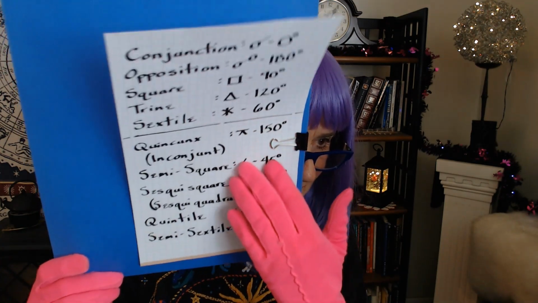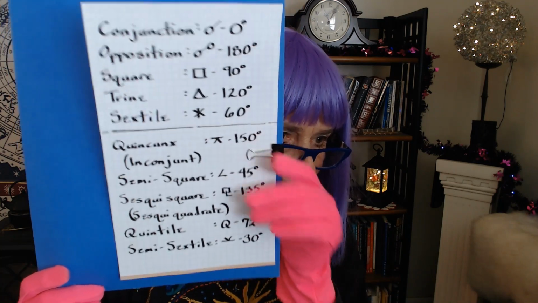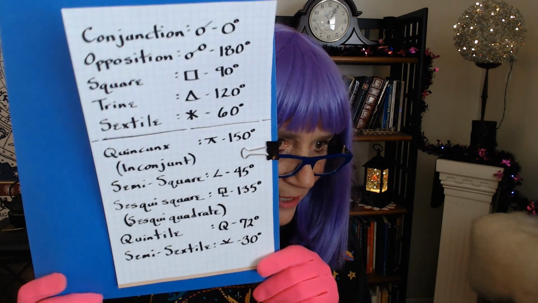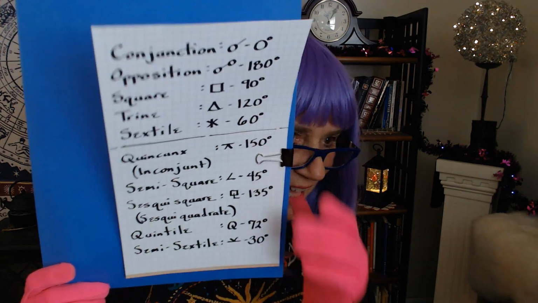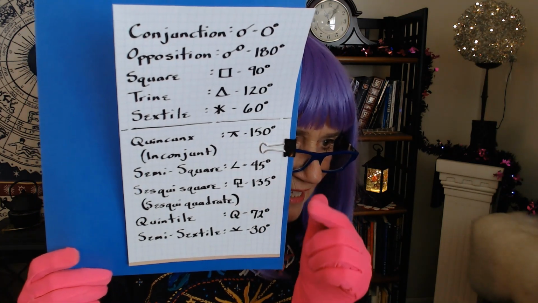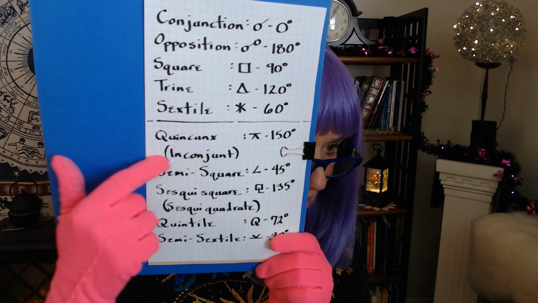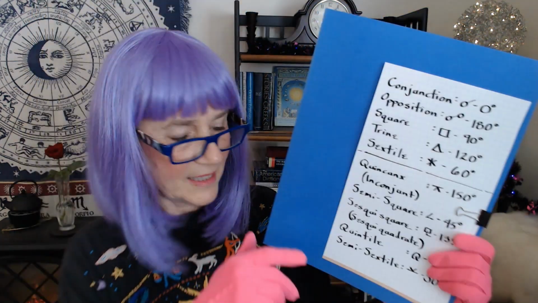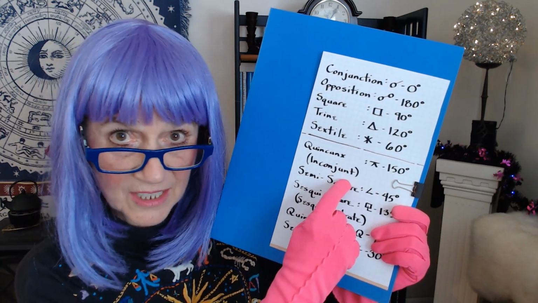And remember, these are the secondary aspects down here. So at this point in the game, as far as I'm concerned, you don't even really have to worry about them. Think about the ones up here at the top. Those are the most important ones. But I also put in the second name, like quincunx is also called an inconjunct.